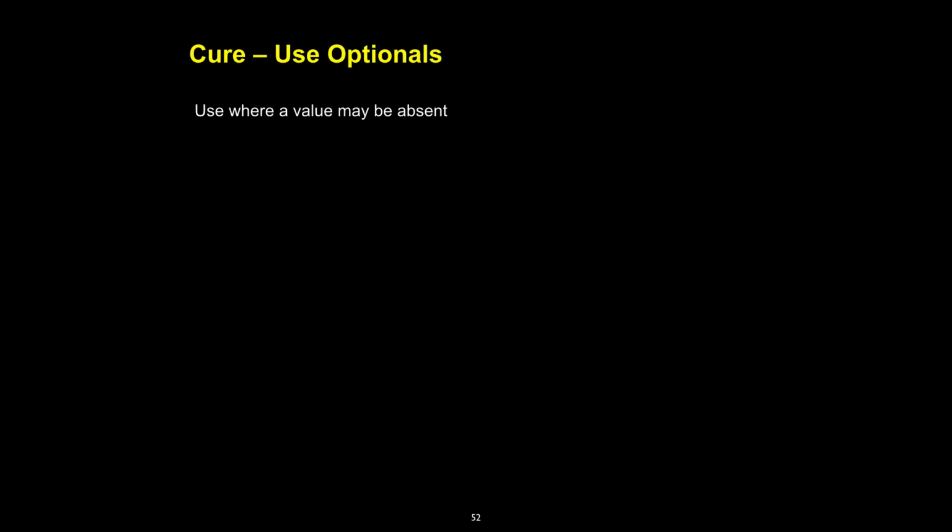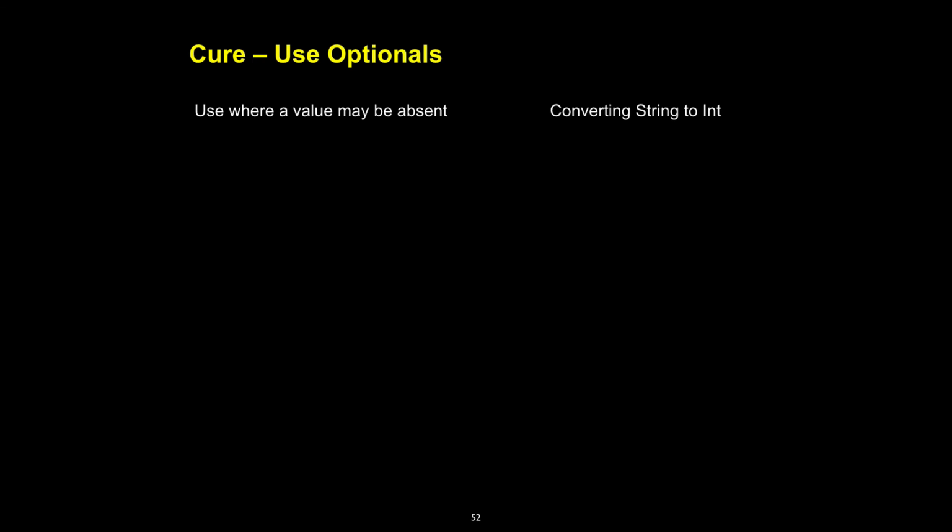And in reaction to that, people started to create optionals. So an optional can either be a real value or a non-value. And so when you would have thrown an exception, you would return a non-value. An example is, when you convert a string to an integer, if the string really represents a number, we can do it.